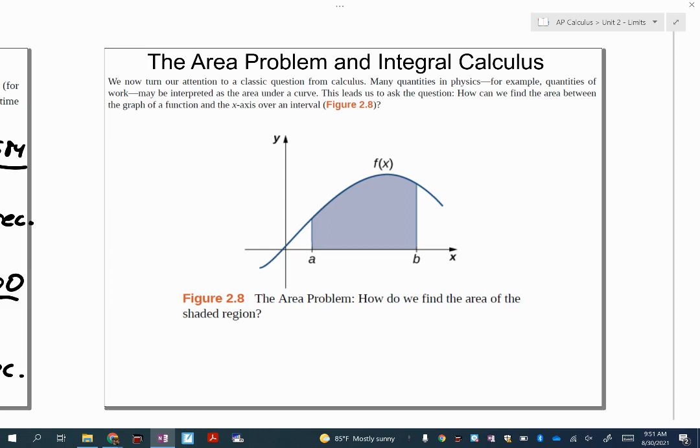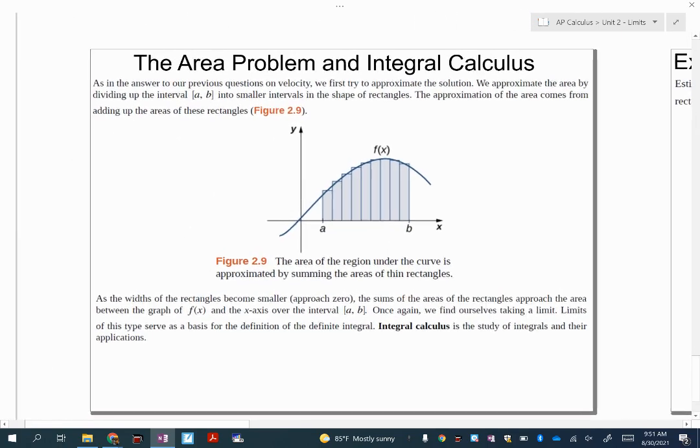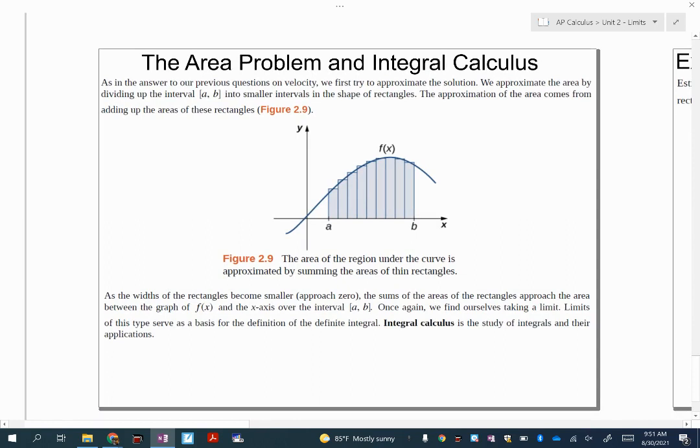So in this case, we're looking at the area between A and B under this curve f of x. The most basic way to do this is to slice up that area into shapes that we know how to calculate the area of. So you notice in this figure 2.9, we've taken that shape and sliced it up into small rectangles because we know how to find the area of those rectangles.